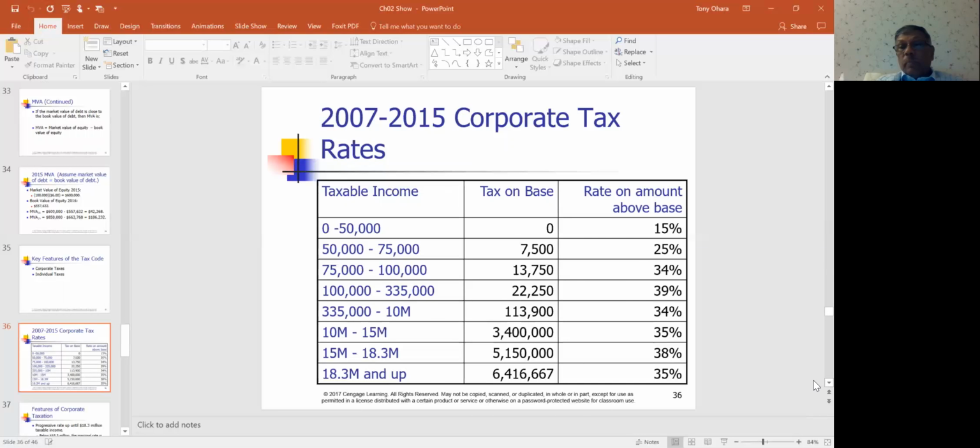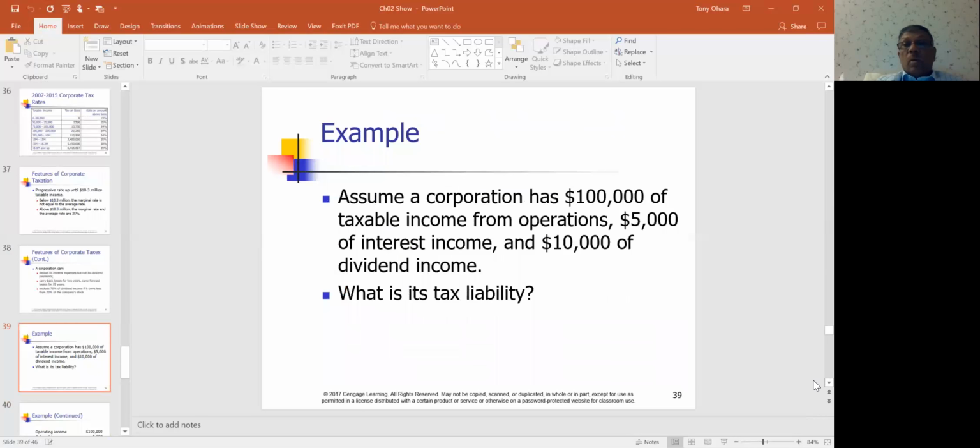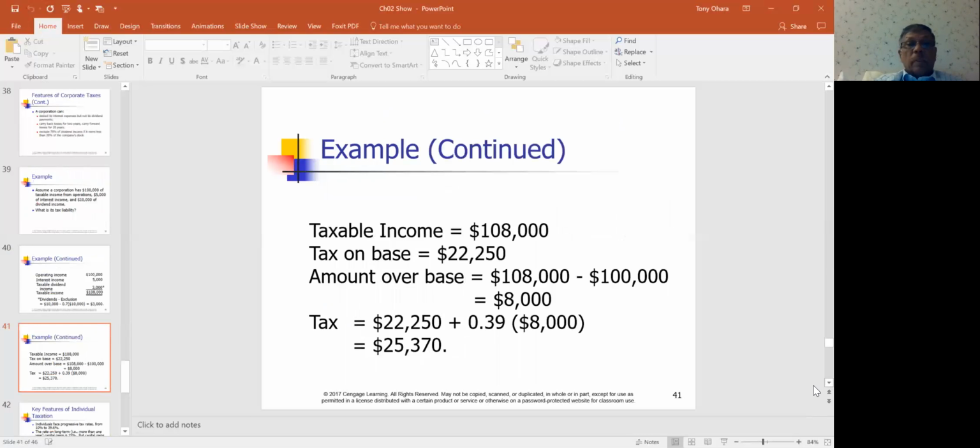So they have these rates on a marginal basis or on a step-by-step basis. And then we have these numbers that go above that. We pay this 35 or 39 or whatever it is. Here they give you an example of what that looks like, and they compute your taxes.